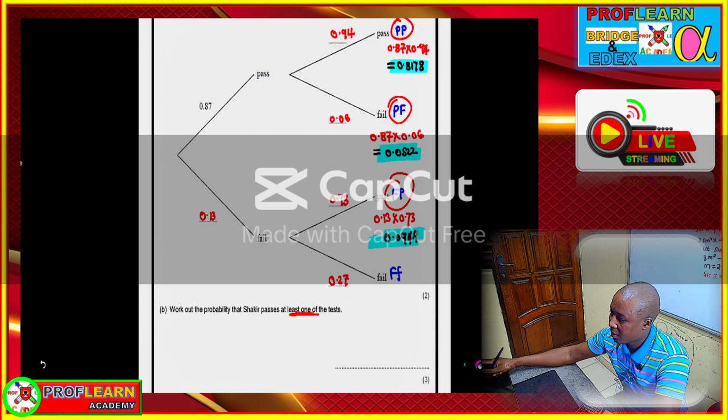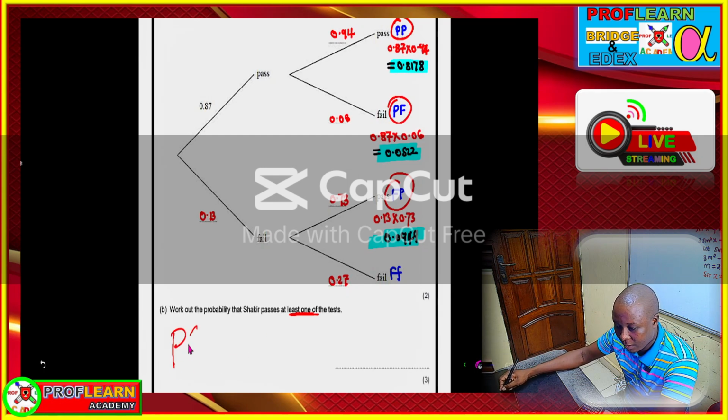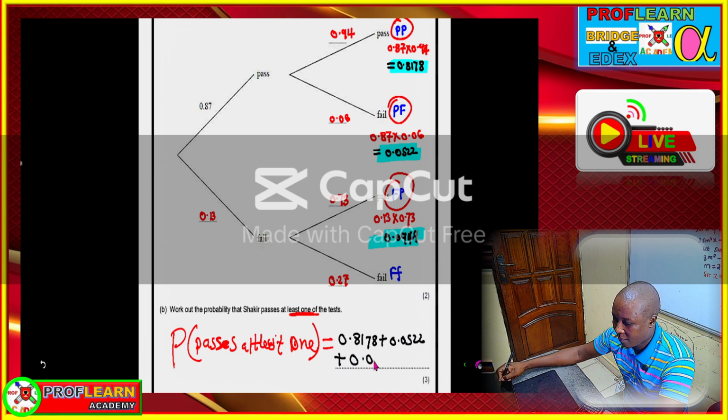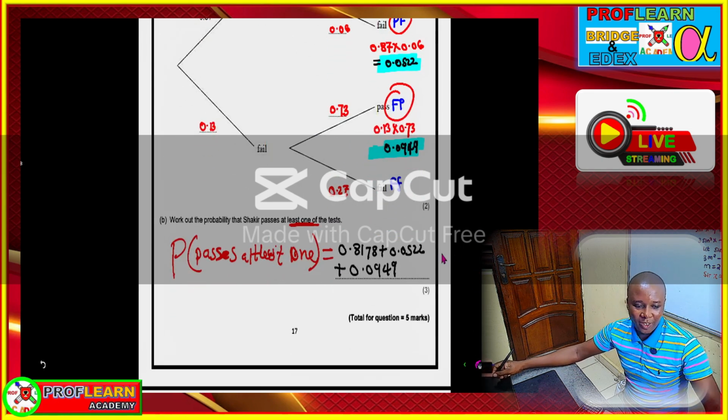So let me just reduce this font a little bit so that I can write: the probability that he passes at least one is going to translate to 0.8178 plus 0.0522 plus 0.0949. So if we add everything there, what do you get?